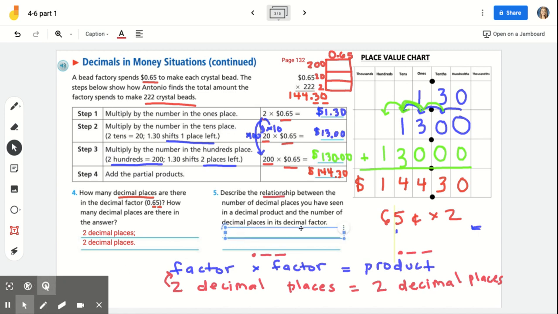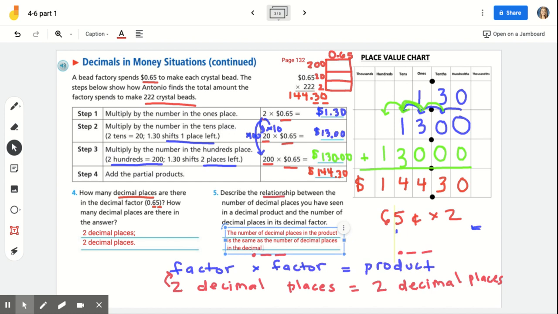Go ahead and write this rule with me. The number of decimal places in the product is the same as the number of decimal places in the decimal factor.